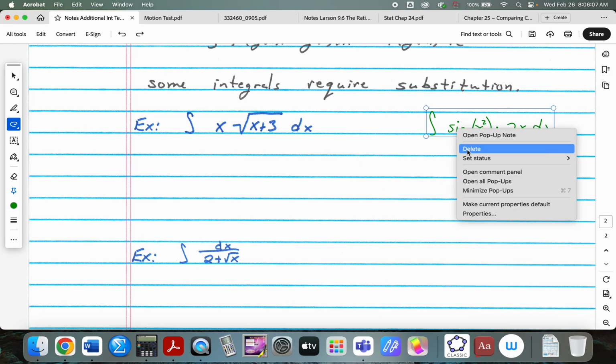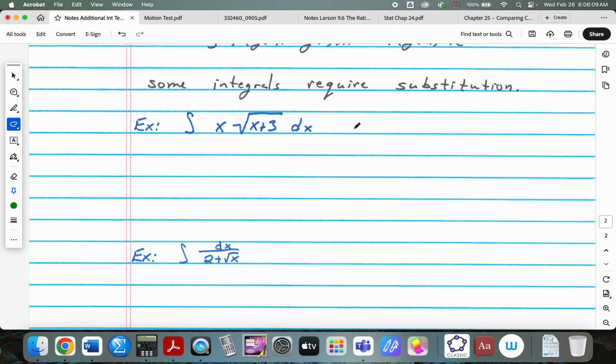So I would first rewrite this as the integral of x plus 3 raised to the 1/2 power times x dx. Just like we did with U substitution, I think most of us are more comfortable if the composite function comes first and then whatever else comes last.